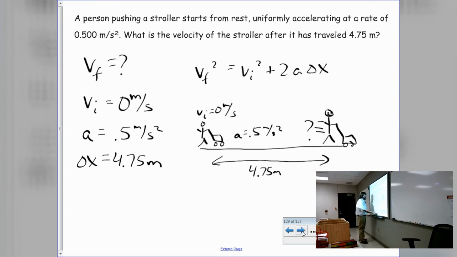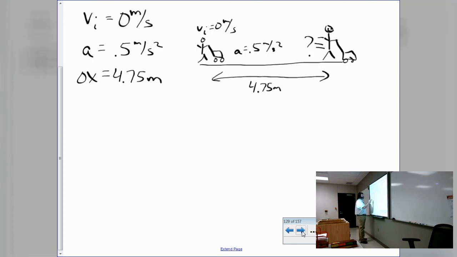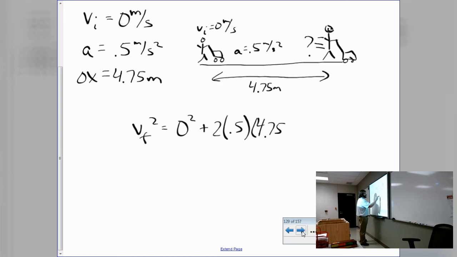Okay, so let's plug some numbers into our equation. Here we've got our final velocity squared equals our initial velocity, which is 0. 0 squared is going to be 0. Plus 2 times our acceleration, 0.5 meters per second squared, times 4.75 meters.